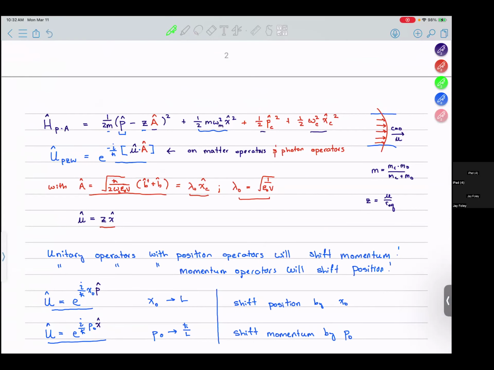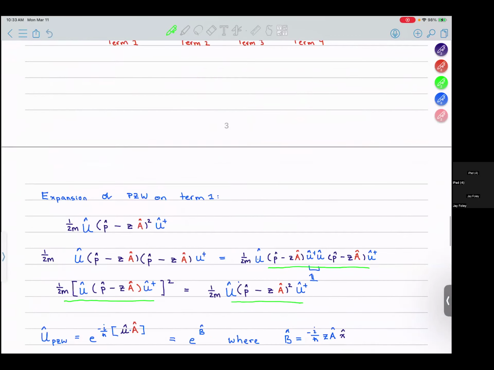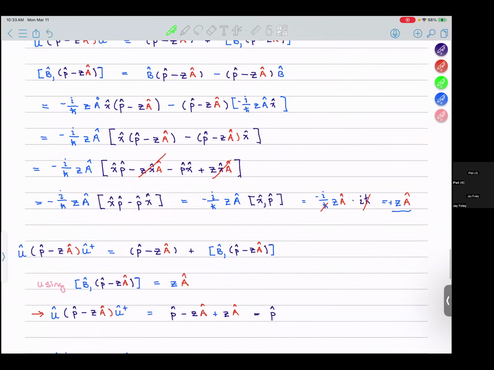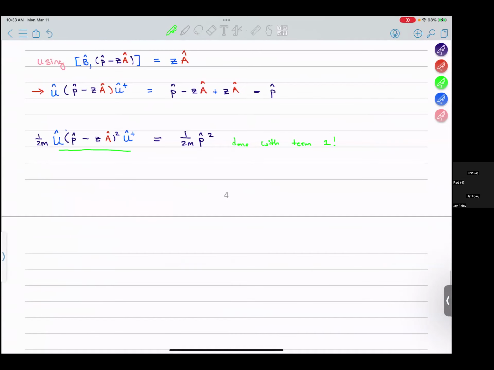P squared over 2m is kinetic energy. So we had this coupling to the photon in this kinetic energy like term, so that kinetic energy piece was actually sort of a mixed photon matter piece, and this transformation has evidently removed the photon character from that piece. Now it is just a pure matter kinetic energy. All right. So that was the first transformation.